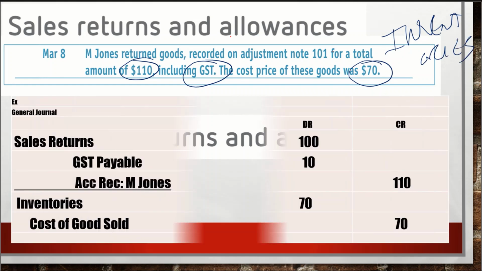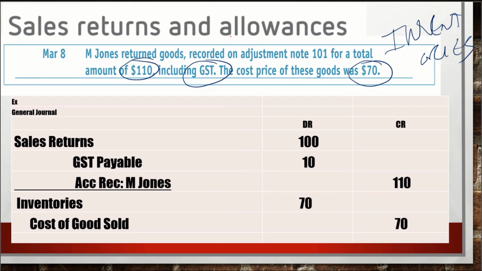So let's look at the general journal entry. I create a new account, sales returns, which is an expense. I don't debit sales, the revenue account. I create this account and debit sales returns. Now remember, the liability will decrease with that $10 because this amount is GST inclusive. And how do you get the GST?